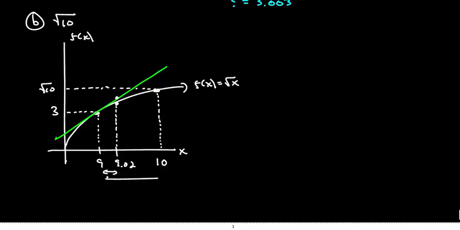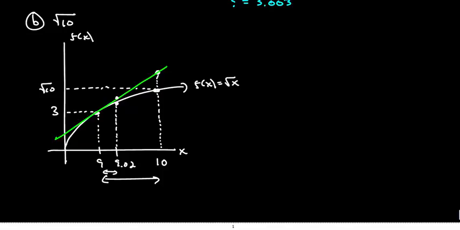But when they're further apart, the difference between these 2 points is greater than this. So what it tells us is that our linear approximations are better the closer we are to our initial value. Okay, so this number is not going to be as close as the last one was for the approximation.